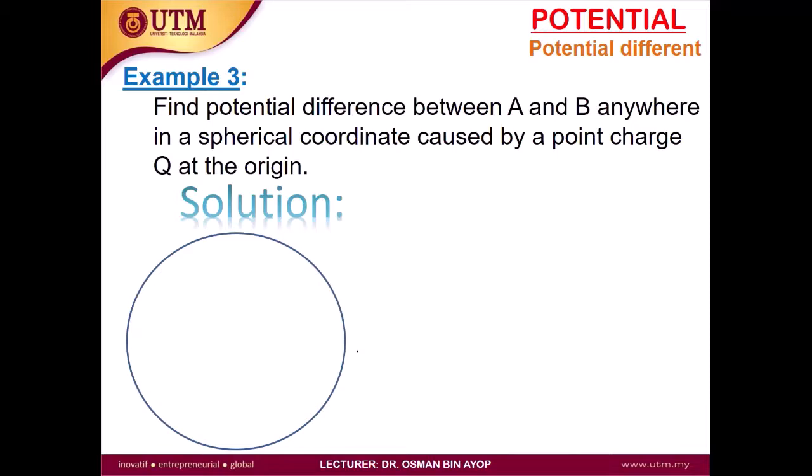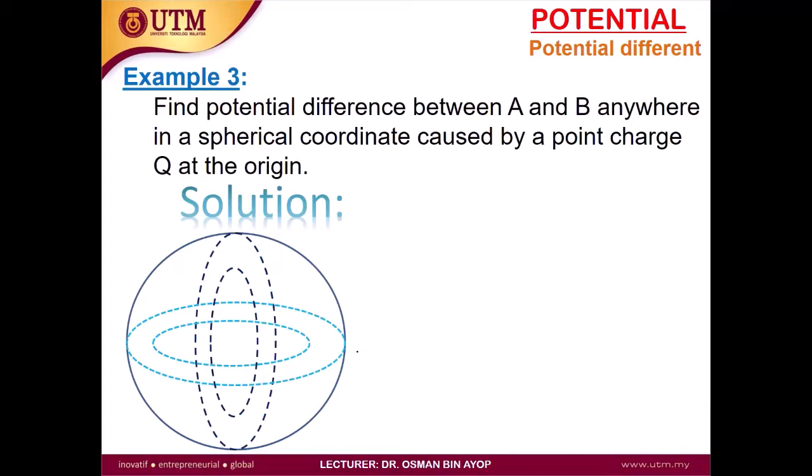Imagine you have a sphere and then you have a point charge at the origin, and I draw the dotted lines which have different radii to pinpoint the location of points A and B anywhere within the spherical coordinates. Let's say I have point A with a radius RA at that point, and then I have a point B with a radius RB at that location.